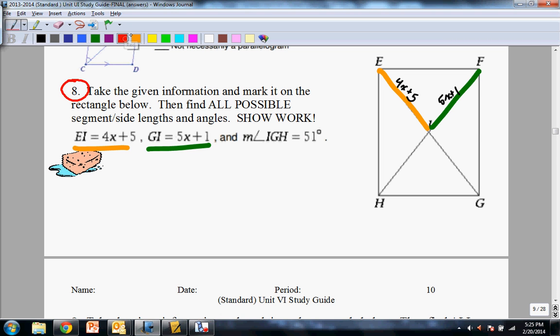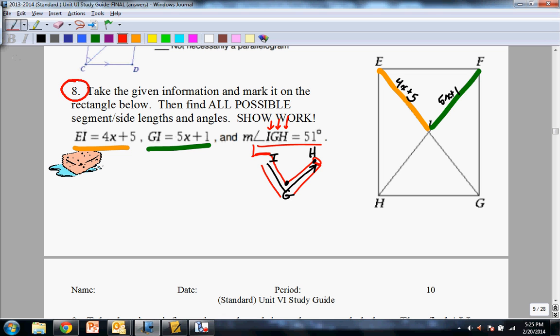Now what we know, and then we have IGH. Very important that you follow exactly this letter order. The way I think of it is, think of this as a head, shoulder, elbow, wrist. The shoulder is going to be I, G is the elbow, and the wrist is H. I, G, H. Learn to trace dot to dot.